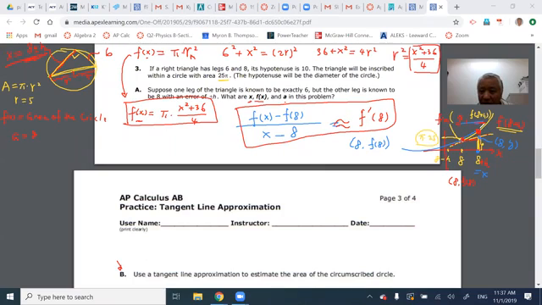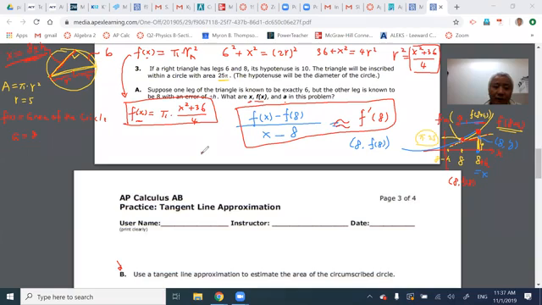This is supposed to be the slope of the second line, but we use the approximation of the tangent line to substitute the second line. So we got this one now. If we got this, we can find the f(x) right now. We multiply both sides by x minus 8.